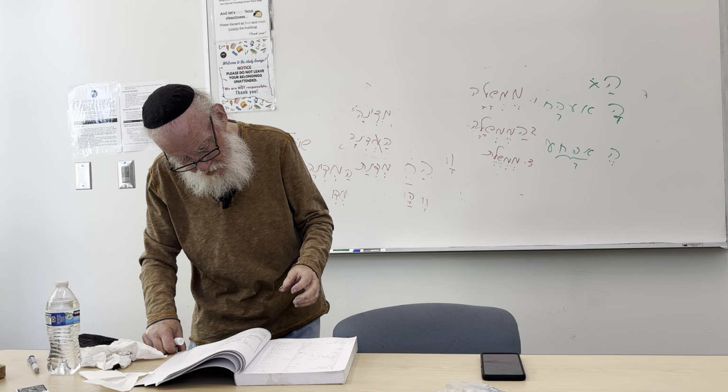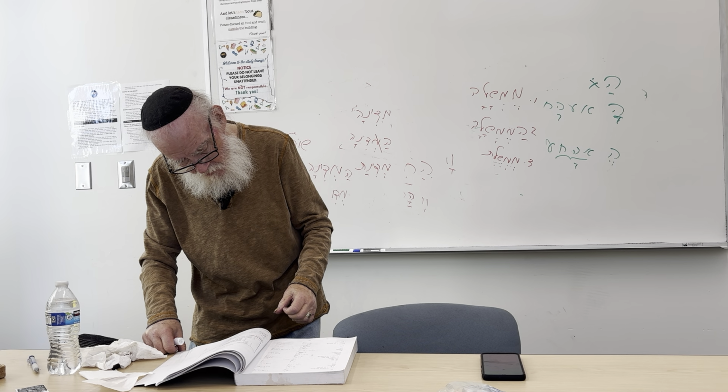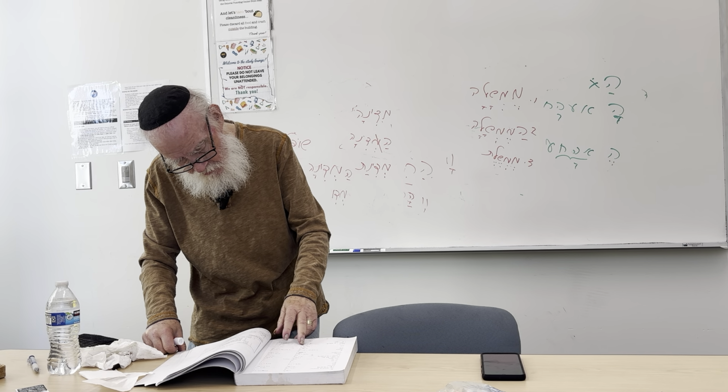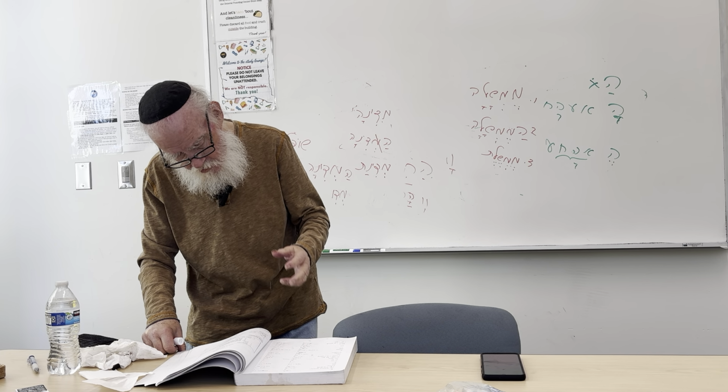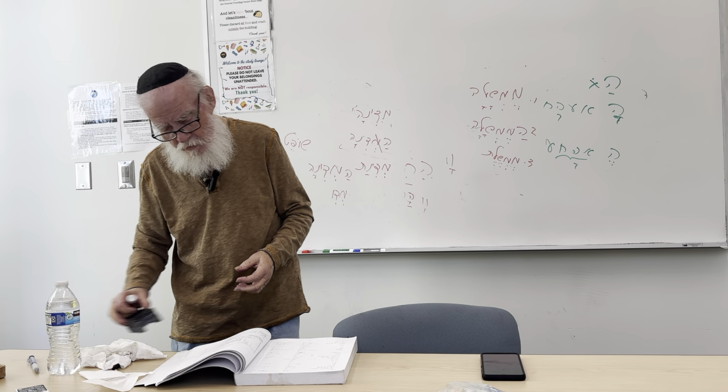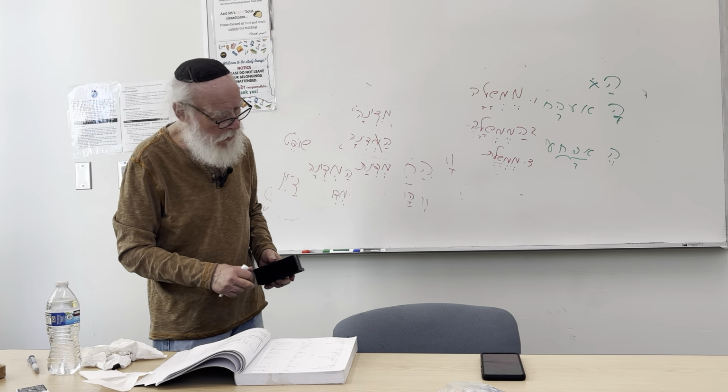All right, the word for Mr. is Mar. Notice the spelling, Mem Resh. It's nothing more than a transliteration of MR. But the word Mar itself can also be confused with bitter. Bitterness, Maror.